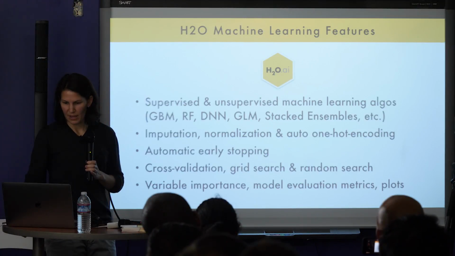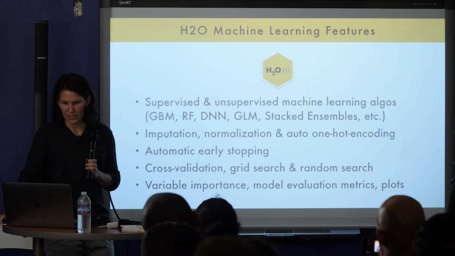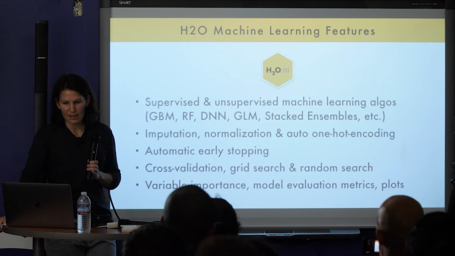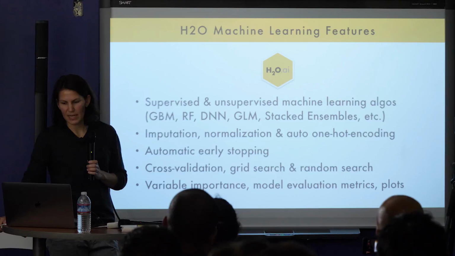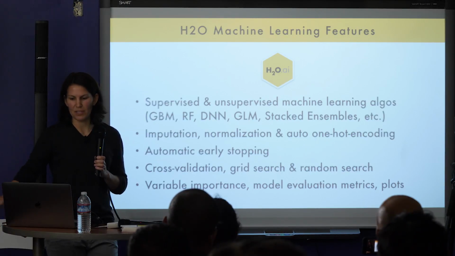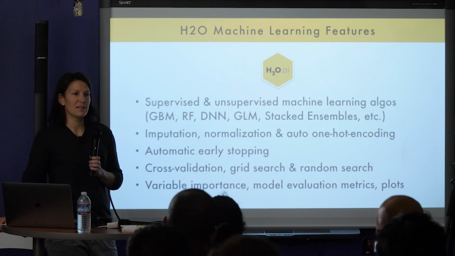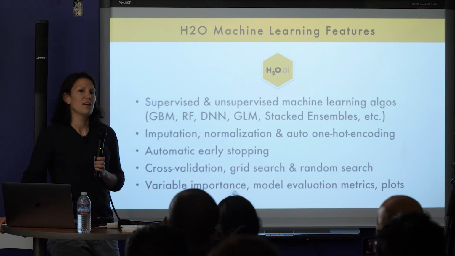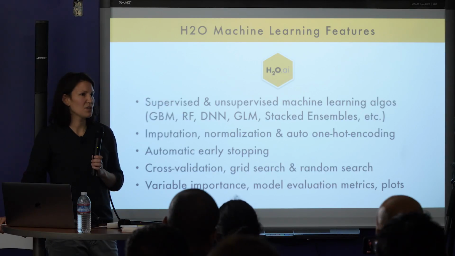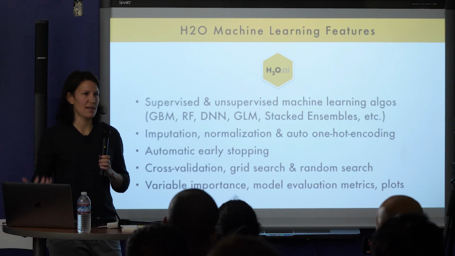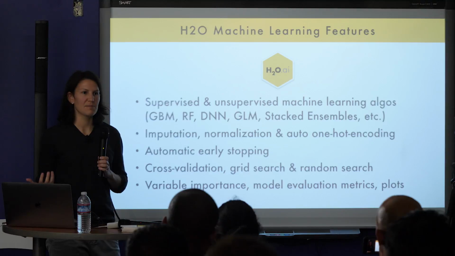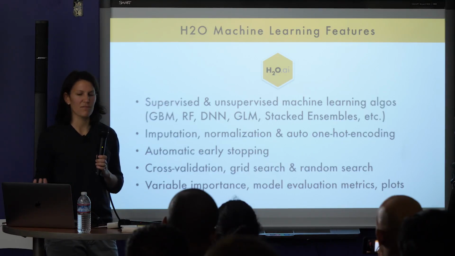So, all right, let's get back to machine learning. Some of the features of the H2O library are that we have a bunch of supervised and unsupervised machine learning algorithms, and we've implemented all of these from scratch. We take careful consideration of what we put in the library because we have to maintain all of this code, and it has to be distributed and high performance.